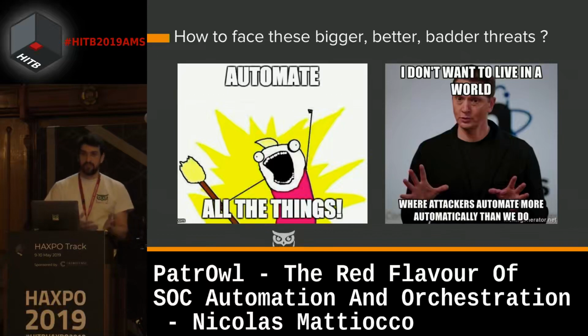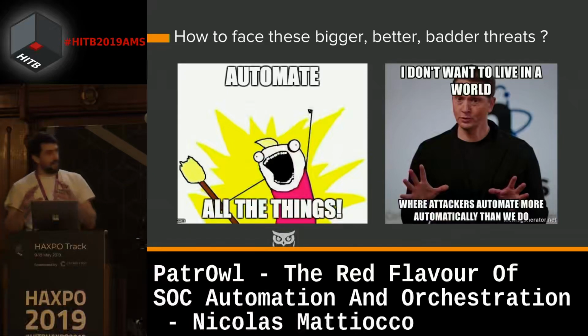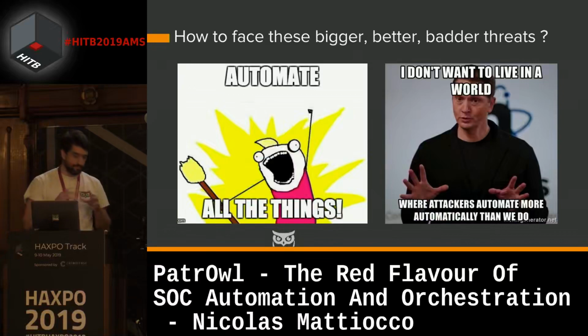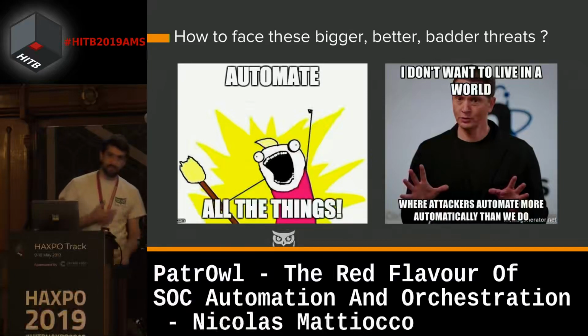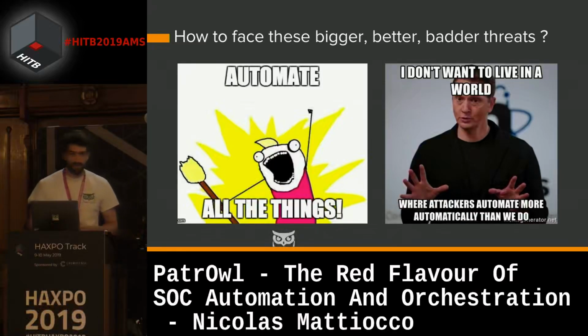I can share an experience. I installed PatrOwl on a cloud, on a Kubernetes cluster, and I set up my Kubernetes cluster with default parameters. Only 24 hours after my initial installation, I was hacked. A crypto miner was deployed on my cluster, and I was crypto mining for someone else.